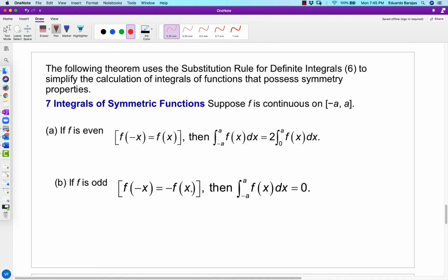Odd functions, if we think about the graph, we'll see a graphic in a second, are going to be a situation where the area to the left and to the right, straddled around the y-axis, are going to be equivalent, but of opposite signs. Therefore, the integral from negative a to a of f of x dx equals 0. That might have been a little confusing. Let's look at a picture.